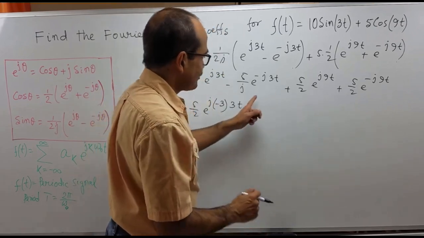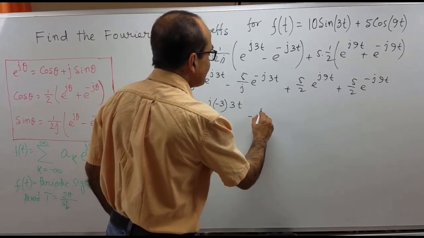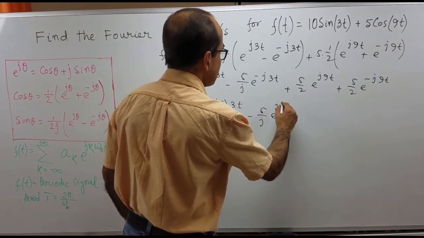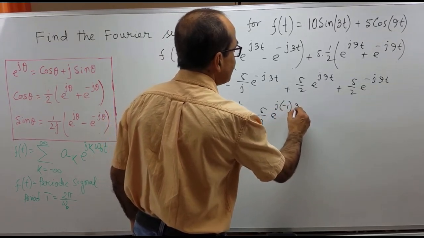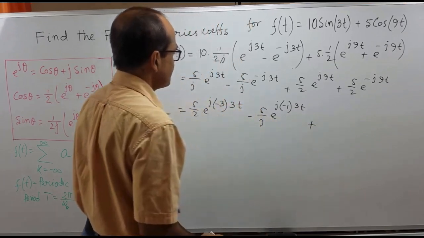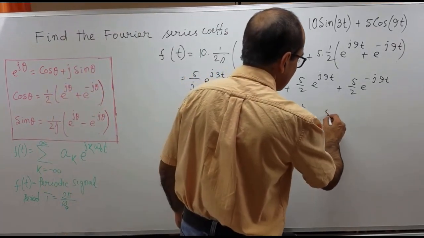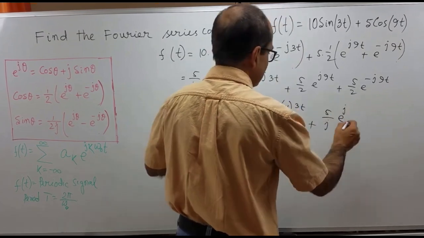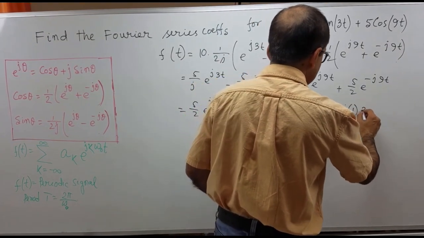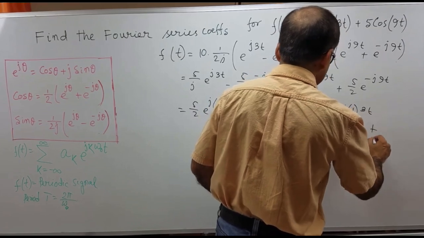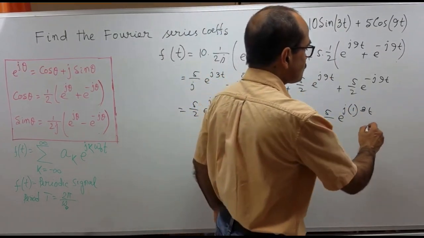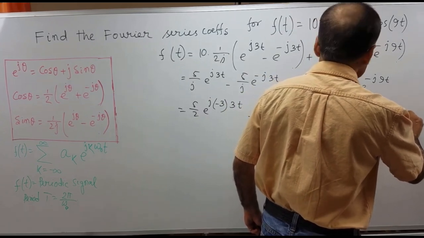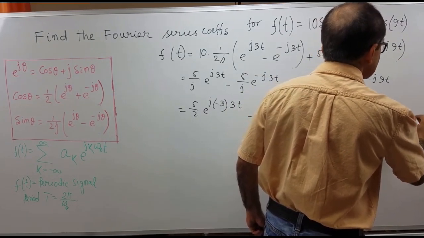The next term will be minus 5 over j, e to the power j times minus 1 times 3 times t, plus 5 over j e to the power j times 1 times 3 times t, plus 5 over 2 e to the power j times 3 times 3 times t.